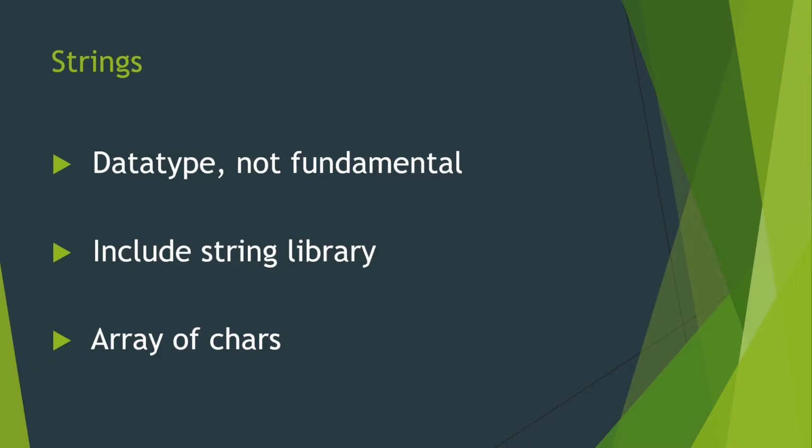A char is also a data type. It's a fundamental data type. It's just one character, so it's A or B or C and so forth. I never used chars, so for now it's not important to go through. We're gonna go through it later, maybe, but not right now.